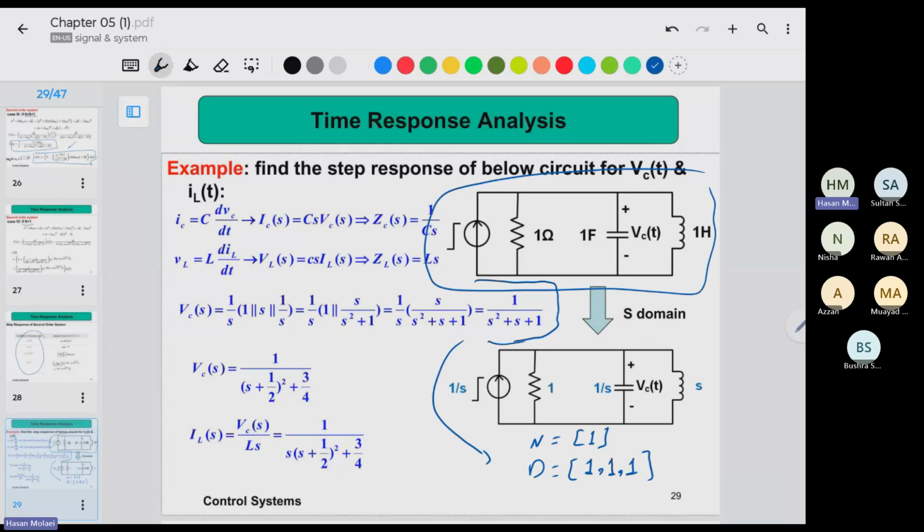Yes, exactly. This is the component that we are using to damp the energy stored in the inductor and capacitor. If I increase the resistor, which side is it going to go, toward overdamped or toward underdamped?